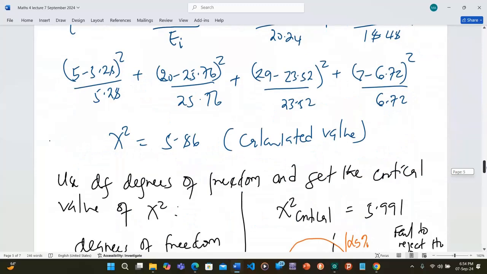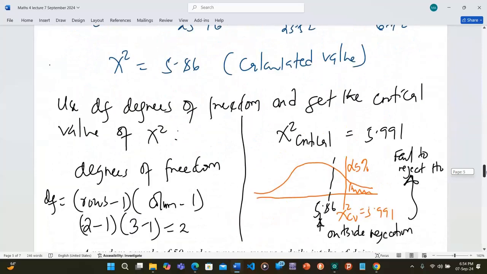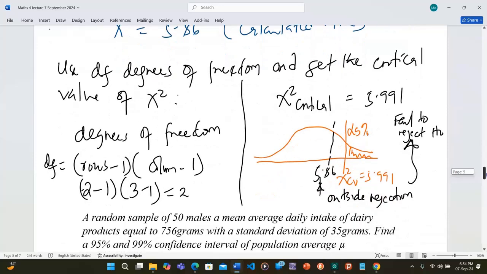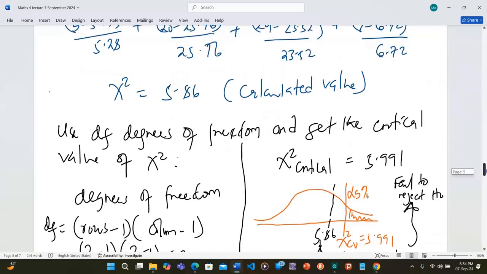After summing them, you get the calculated chi-squared value. Then at the 5% level of significance, you go to the tables and pick the critical value of chi-squared.